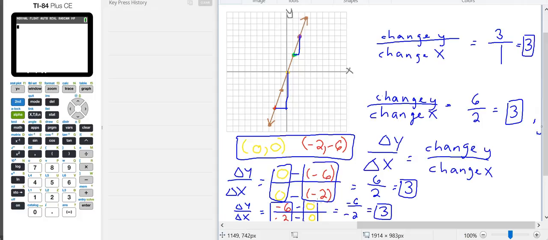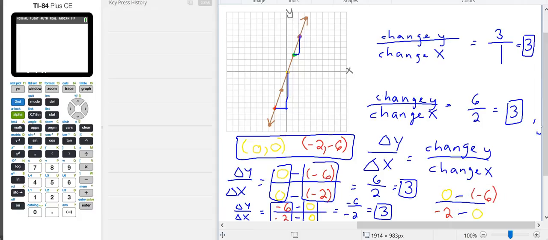What you can't do would be the y value from the first point minus the y value from the second point, and then do the x value of the second point minus the x value of the first point. These two are not the same point.